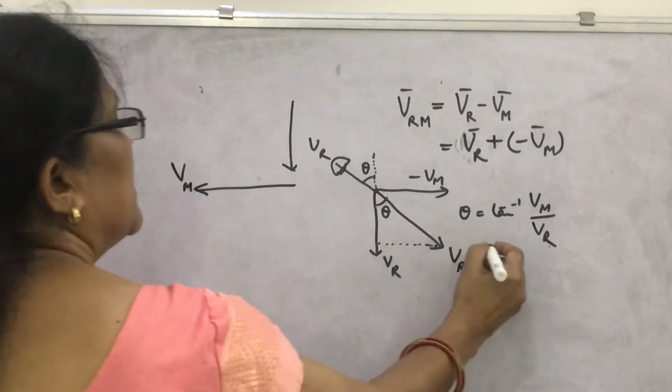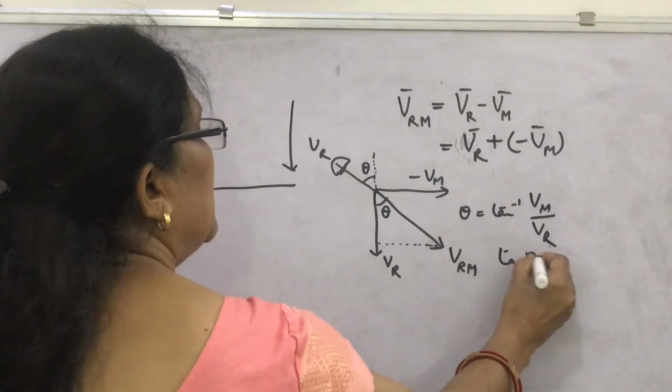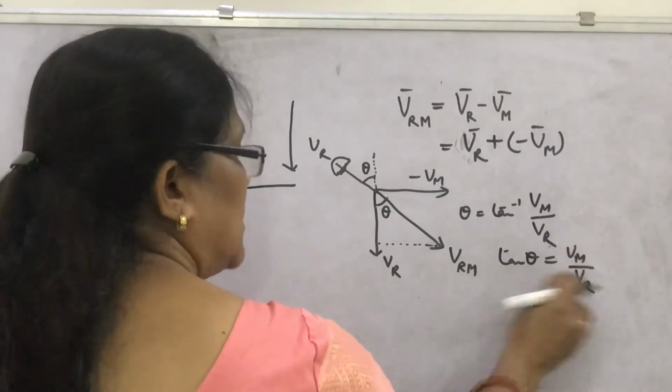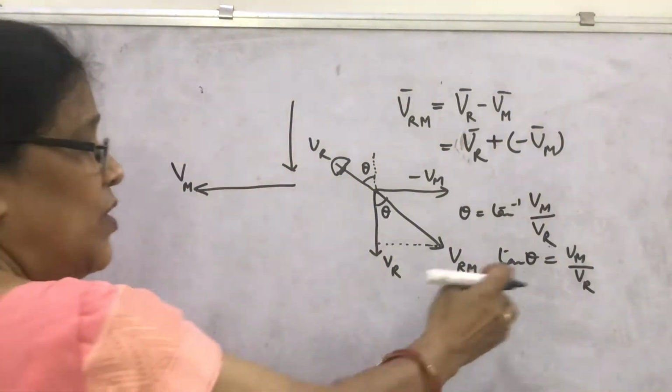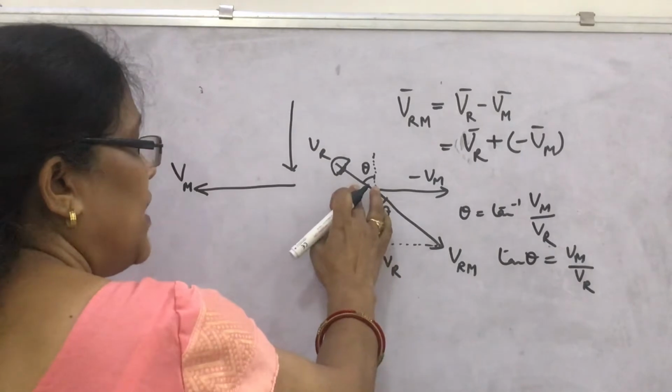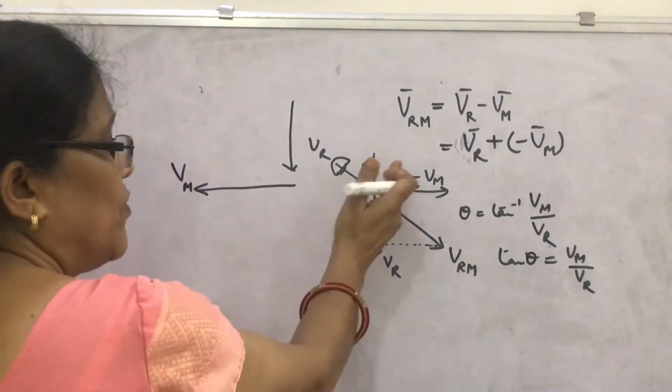One more thing that you have seen here, that tan theta is Vm by VR. What does this relation say? The more the velocity of the man, the greater will be the value of theta from the vertical.